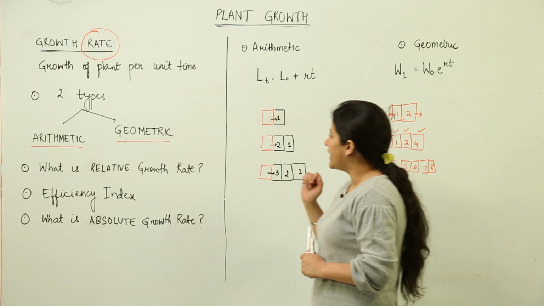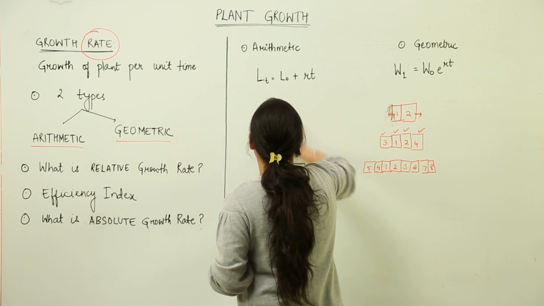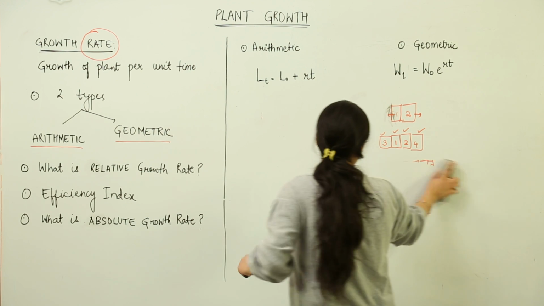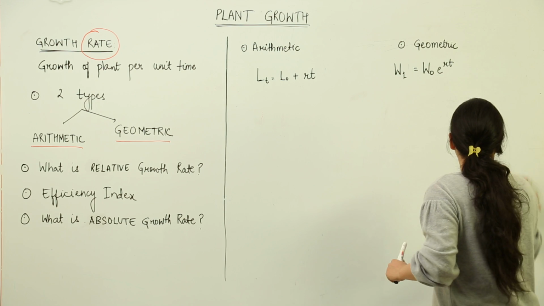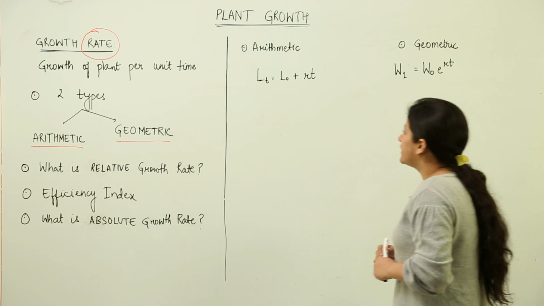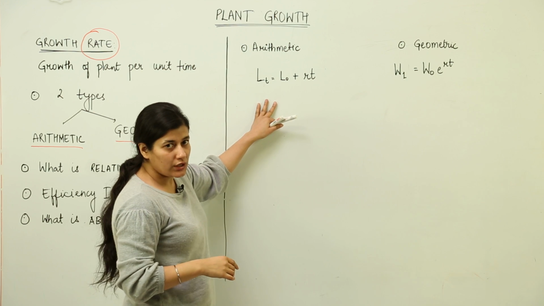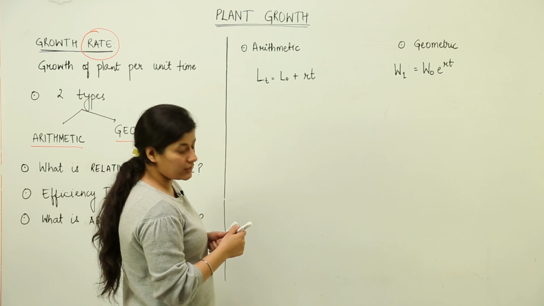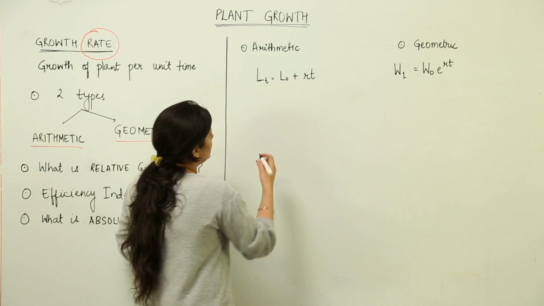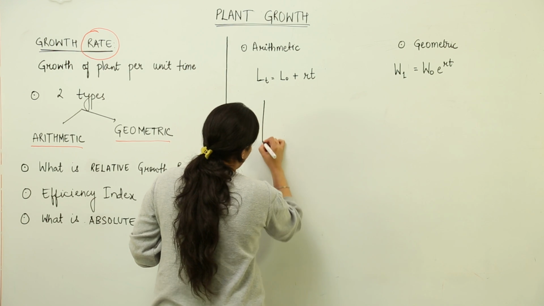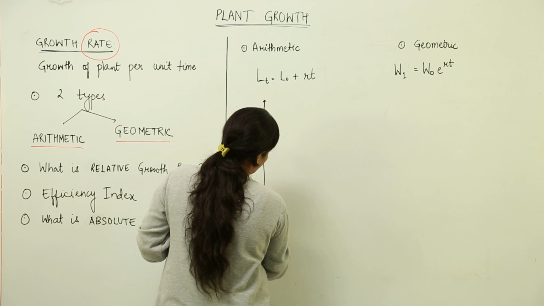You would understand it in a better way if we show its graphical presentation as well. For understanding the graphical presentation, there is an equation. If we plot this arithmetic growth according to time, supposedly the growth is measured in terms of the length of a plant. I am taking the case of length over here.